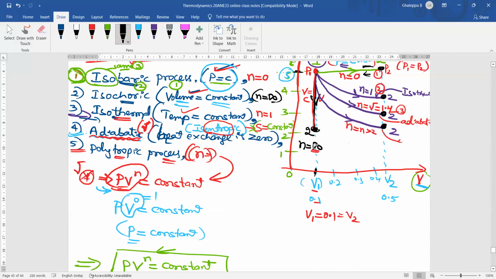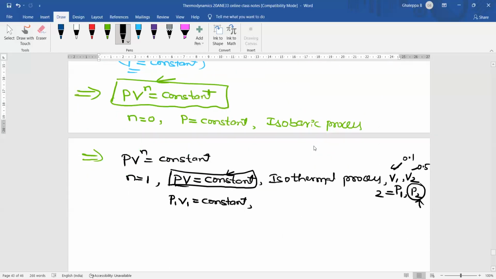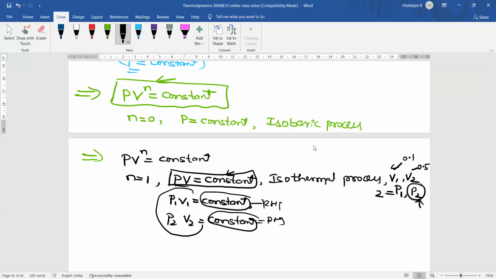At point number 2, I will write P2 V2 is equal to constant. The right-hand side constant means the same value. Since the right-hand side is the same, obviously the left-hand sides will be equal to each other. So based on this, P1 V1 is equal to P2 V2 is the expression for isothermal.